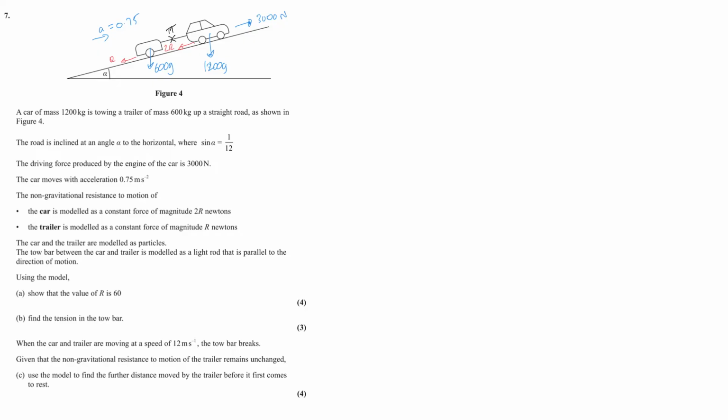It's a light rod, so it doesn't have any weight to it. Now, what we're going to do is resolve parallel to the slope, and we're going to take the car and the trailer as one.